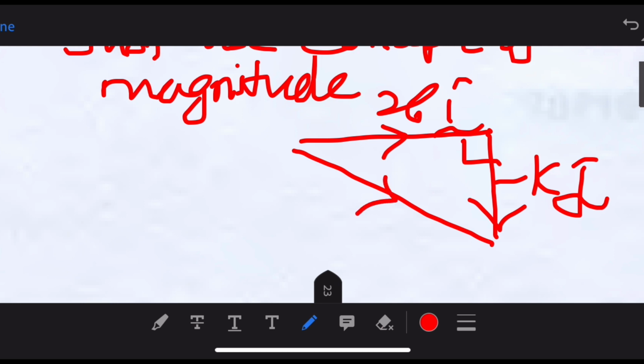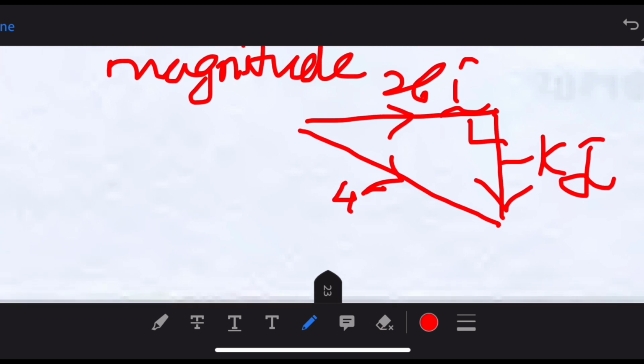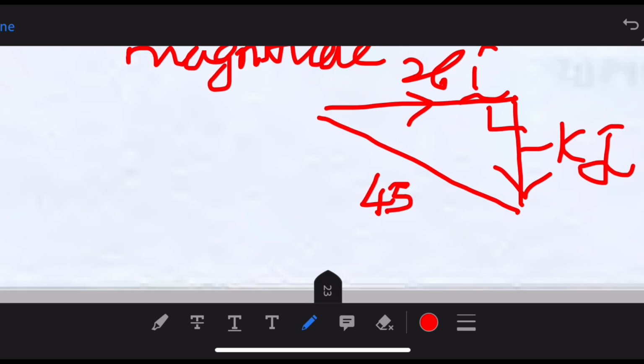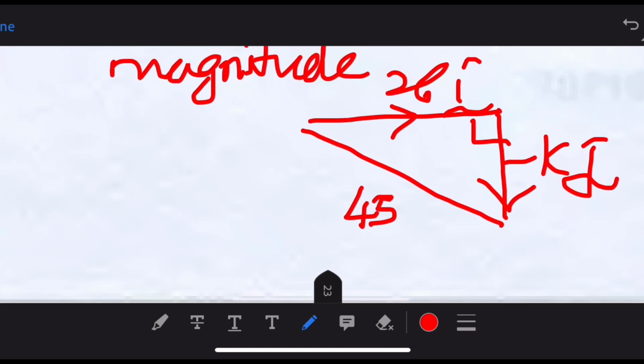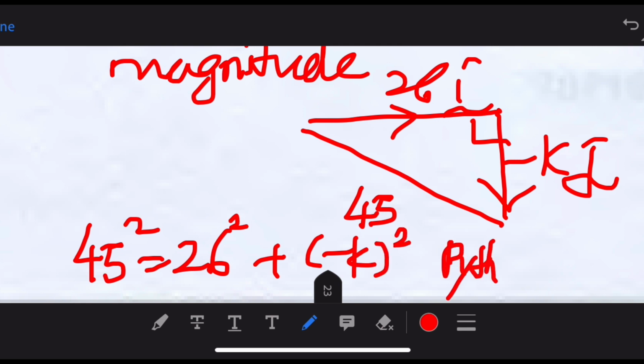So the answer is 26 squared plus k squared equals 45 squared. Solve for k: 45 squared minus 26 squared, and don't forget to square root it.